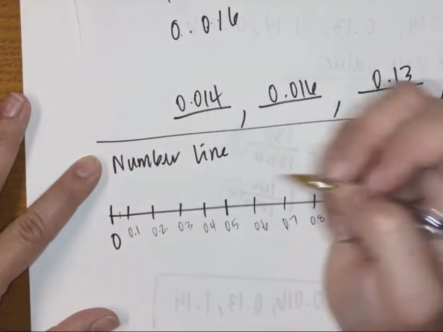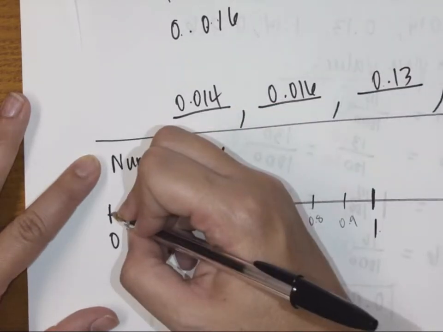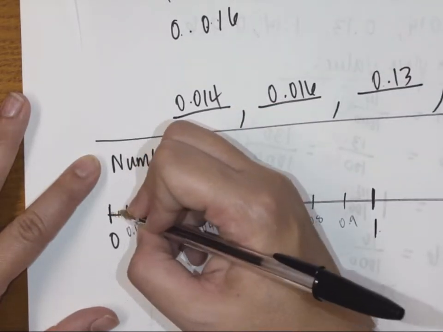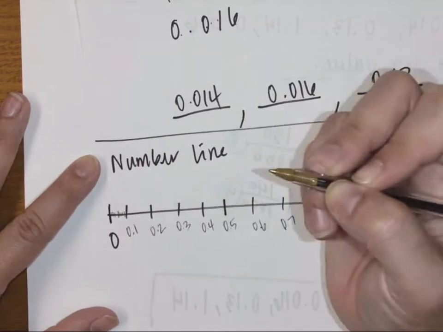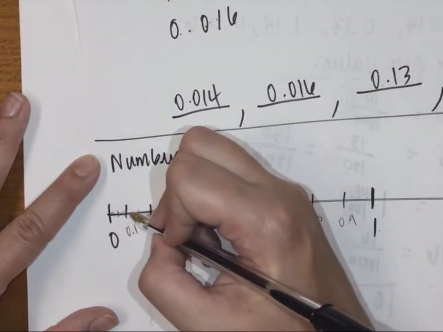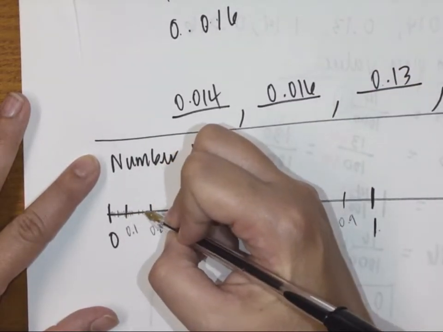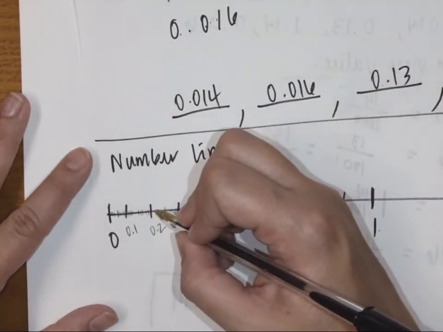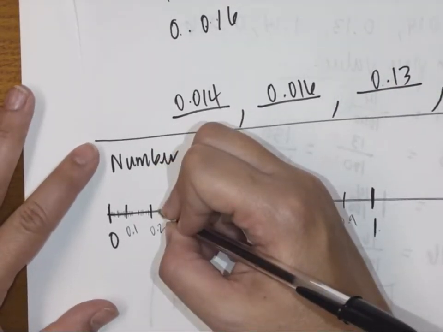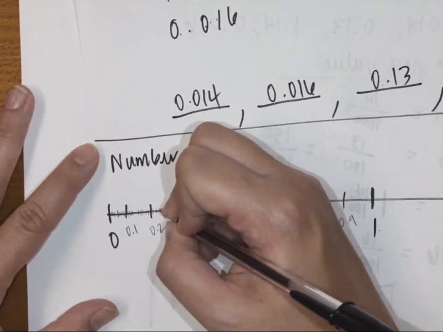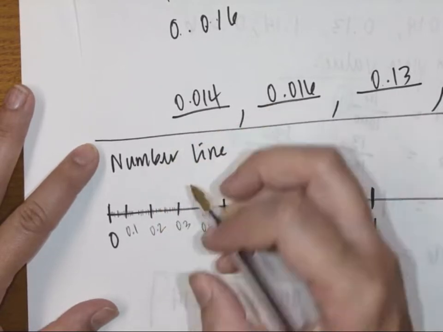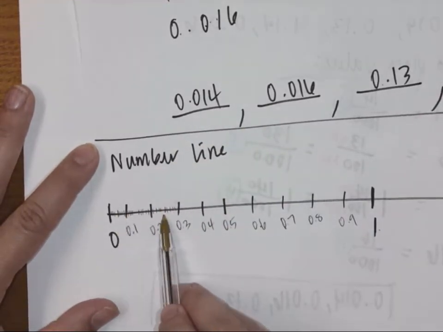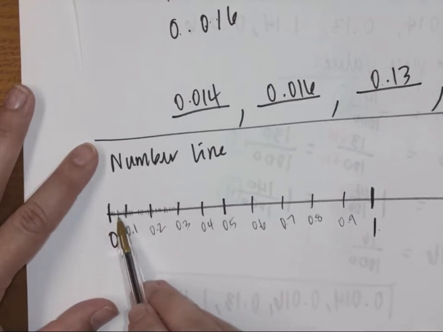I can't write it small enough here, but it's splitting this into 10 different spots. I'm not doing a very good job making them even, but I hope you understand the idea. Each of those has 10 little tick marks, and that would be hundredths, right?